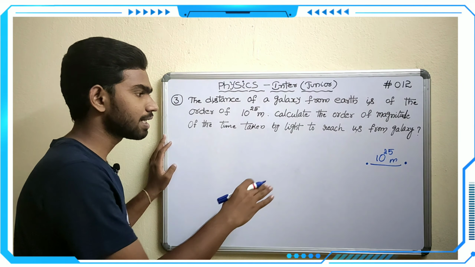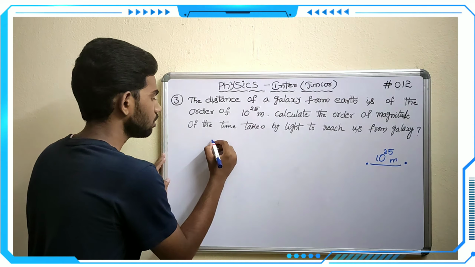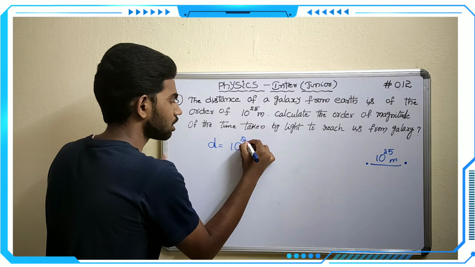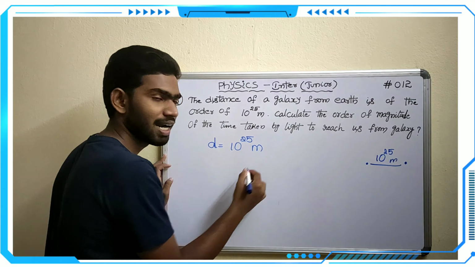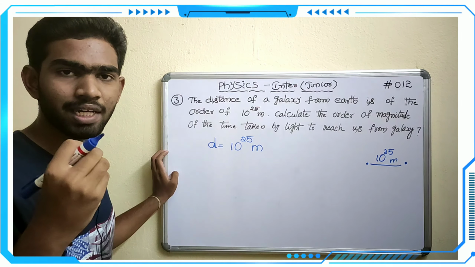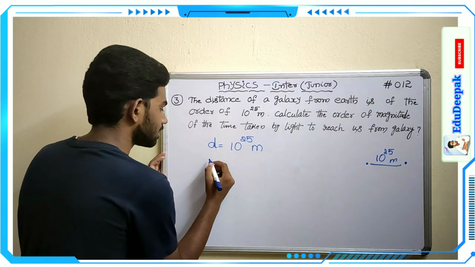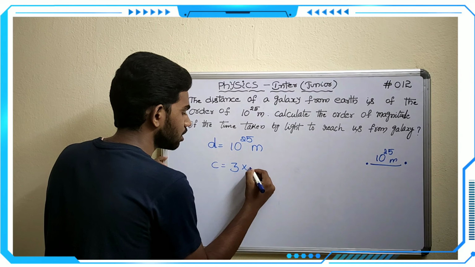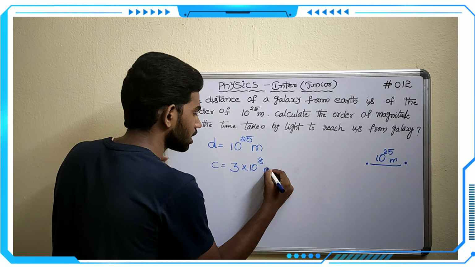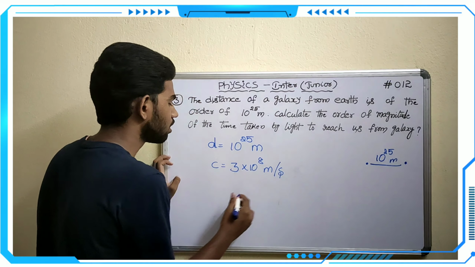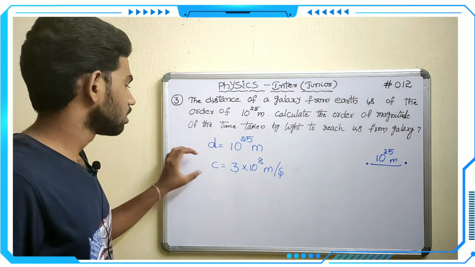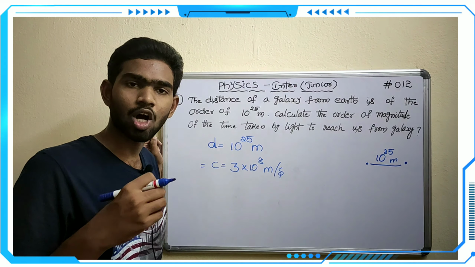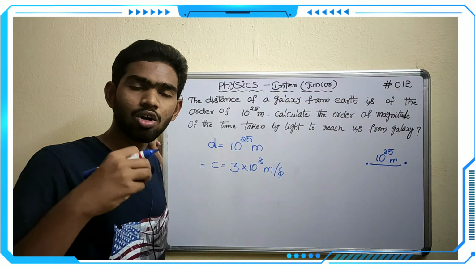So firstly we have to write the distance. The distance is equal to 10 to the power of 25 meters. And mainly we have to write the speed of light. Speed of light is represented by c, and it is 3 into 10 to the power of 8 meter per second, or meter second inverse. Light always travels in a straight line, like rectilinear.